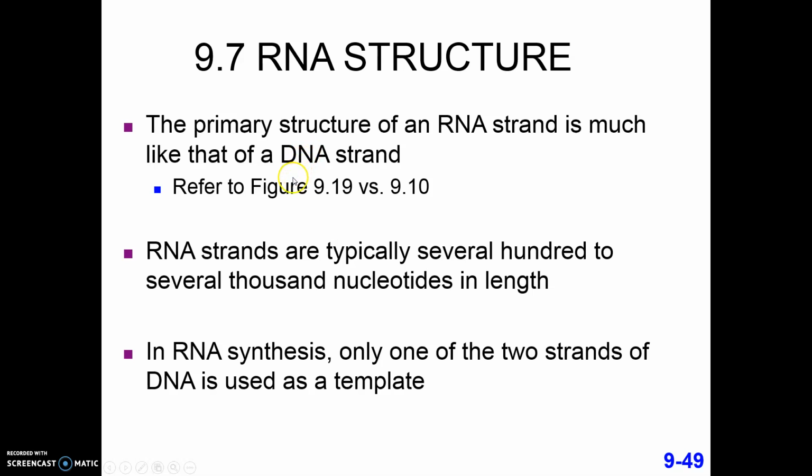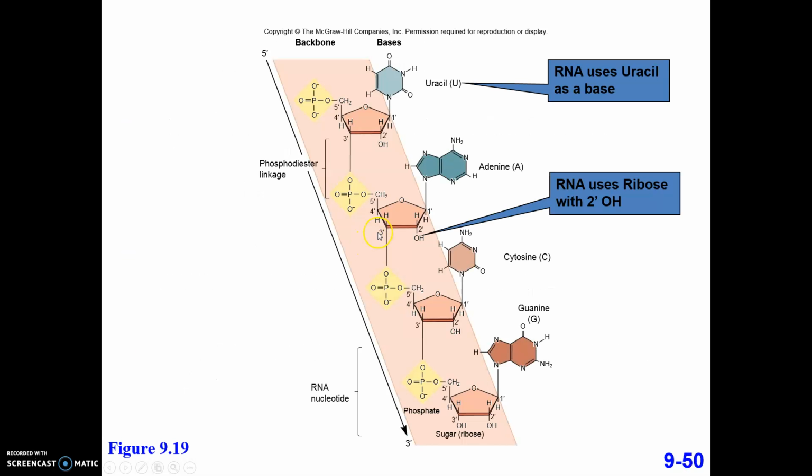And unlike DNA, which can go on for millions of base pairs, RNA strands can be 100 to several thousand nucleotides in length, but they don't go into the millions of bases. Let's go ahead and take a look at the structure here to point out some key differences.